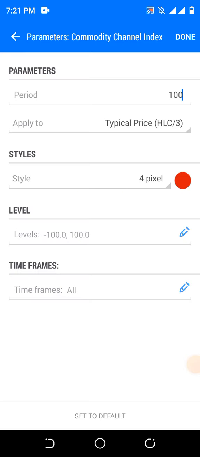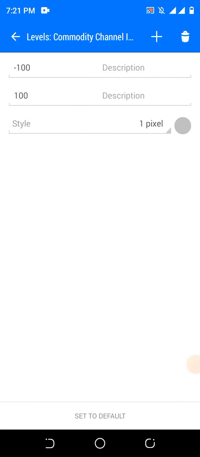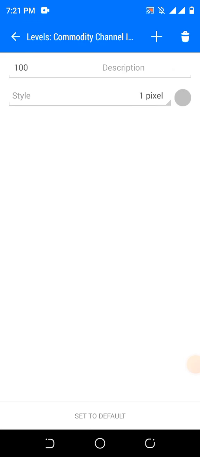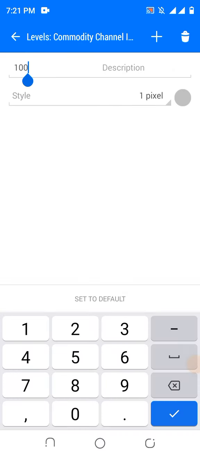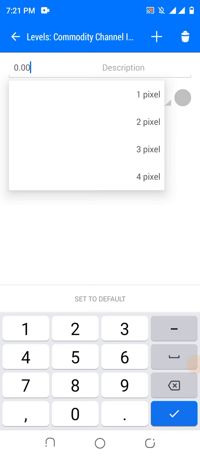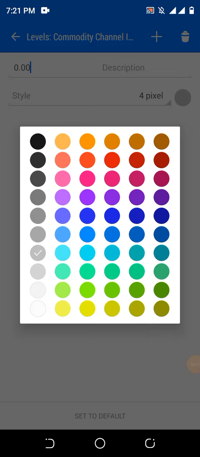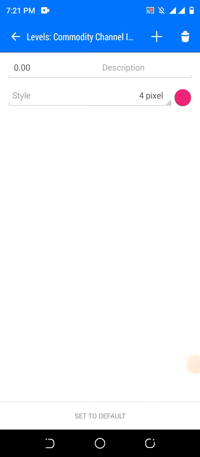Then the next is the levels. The first thing you need to do here is delete the minus 100 level. Then change the 100 to 0.00. Choose 4 pixels and change the color to red.